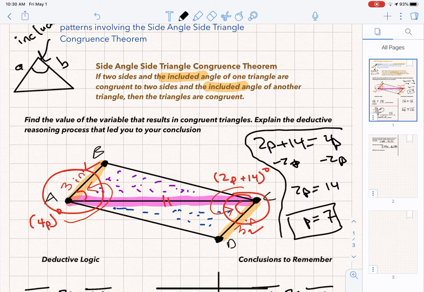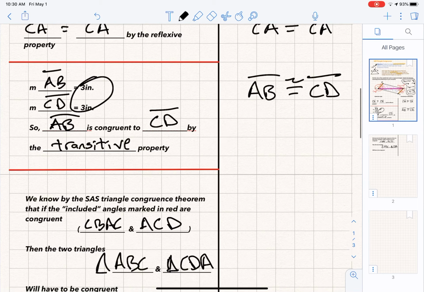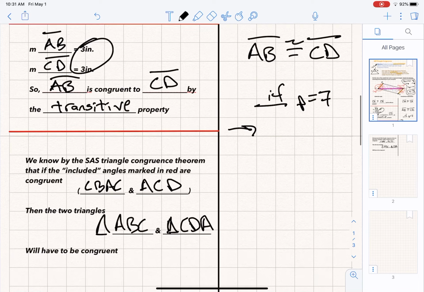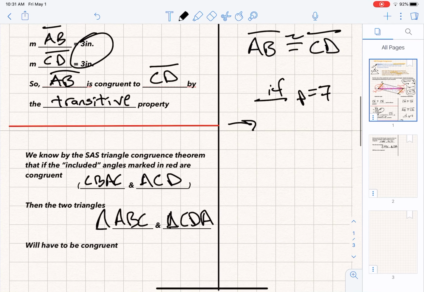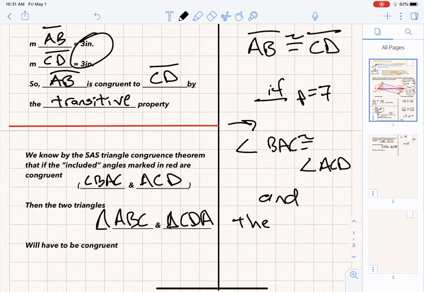It turns out that if p equals 7, then, a little bit more deductive reasoning here, angle BAC is congruent to angle ACD, and the triangles are congruent by what, guys?